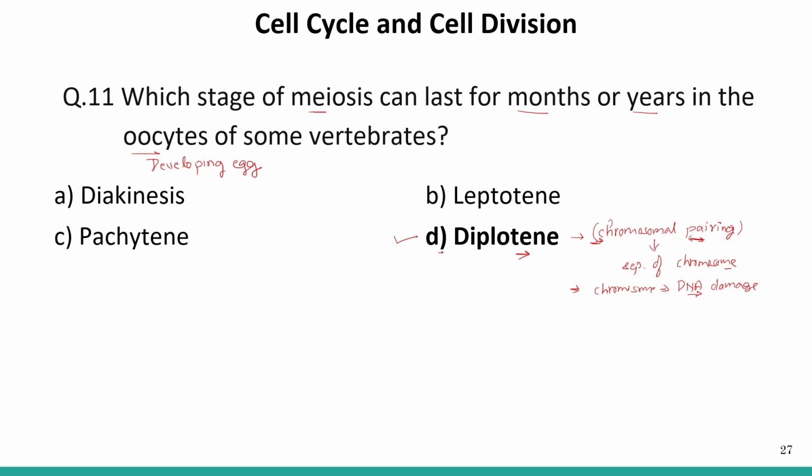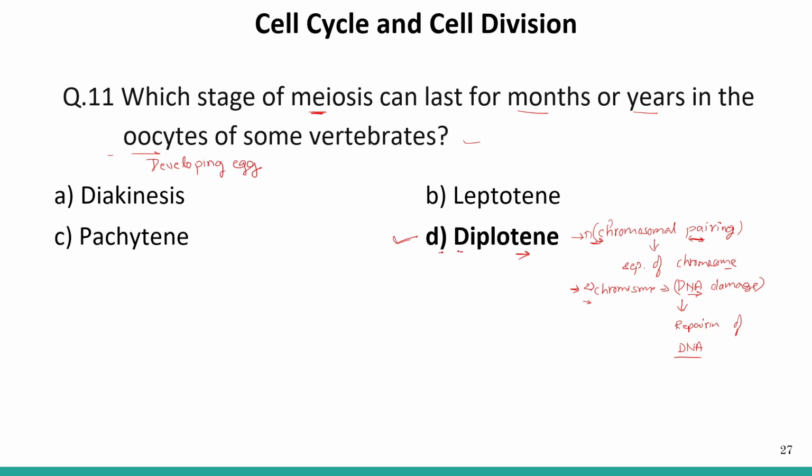This gives adequate time for the cell to repair the DNA. So that's why sometimes the meiosis gets stuck in the diplotene stage in the oocytes of some of the vertebrates.